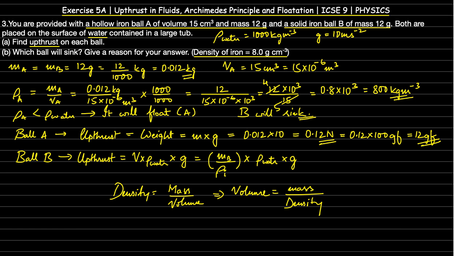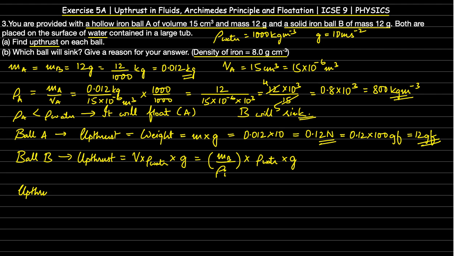I would need to erase this part here, and we would be substituting the values. So upthrust, this is for B, we can write B here.